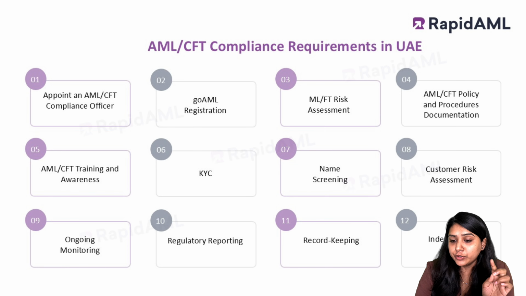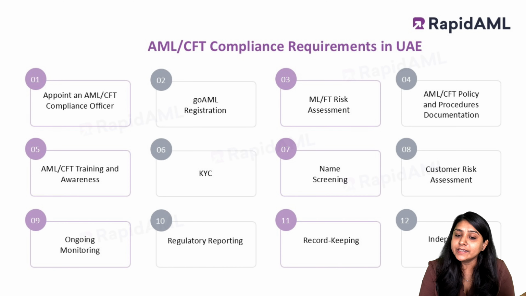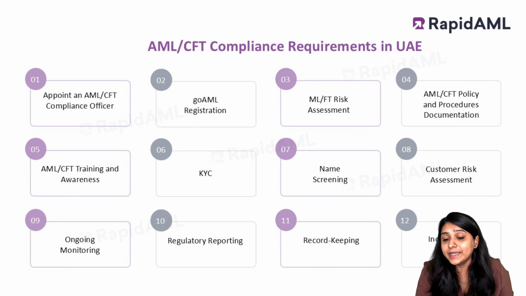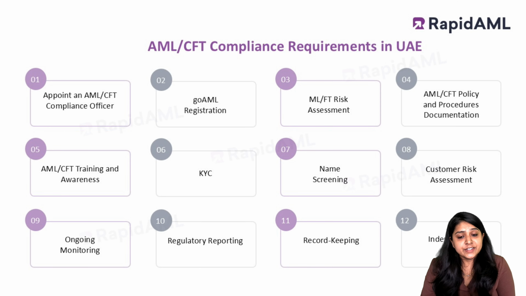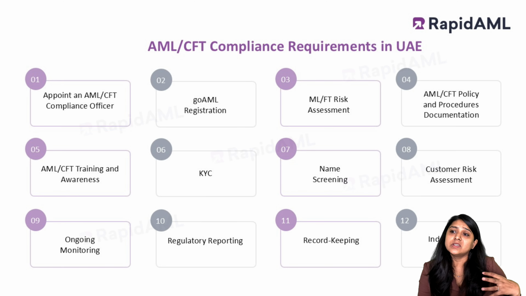Once point number 1 and 2 are done, the next step is the money laundering and financing of terrorism risk assessment. Point number 3 is about evaluating the risk of your organization if you are operating in the UAE economy. Let's say you are a real estate agent and broker. If the majority of your clientele is high net worth individuals, the risk is certainly going to be high because the kind of customers you are onboarding are risky.